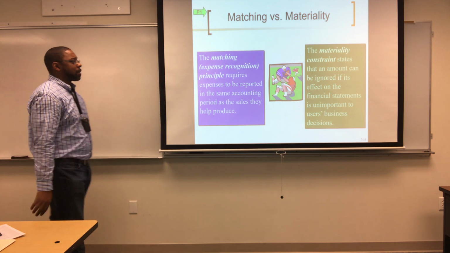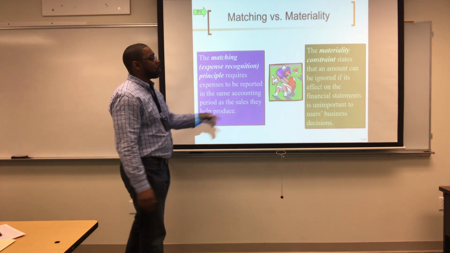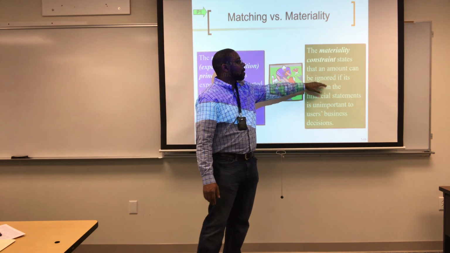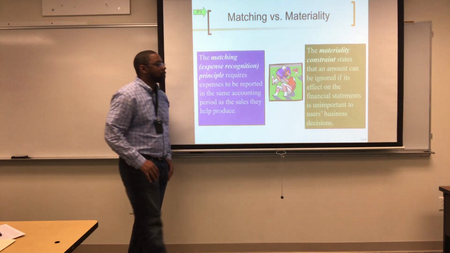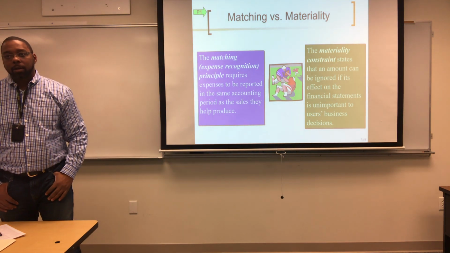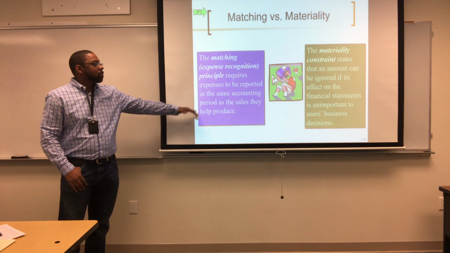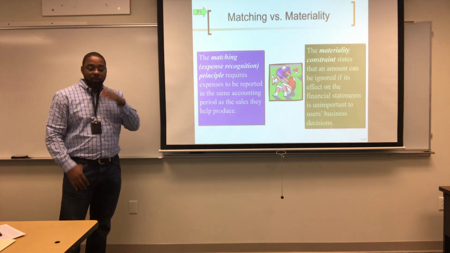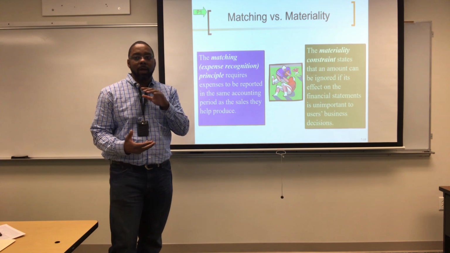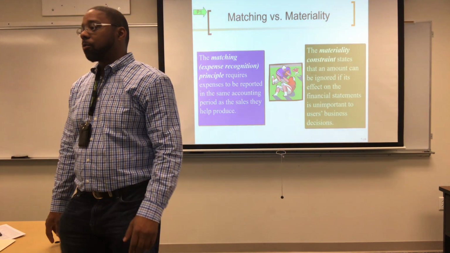Now the problem with the direct method is twofold. One, there's some materiality constraints. It states that an amount can be ignored if its effects on the financial statements is unimportant, right? The other thing is there's a matching issue, right? A lot of times we're trying to put expenses and revenue in the same accounting period as best we can.